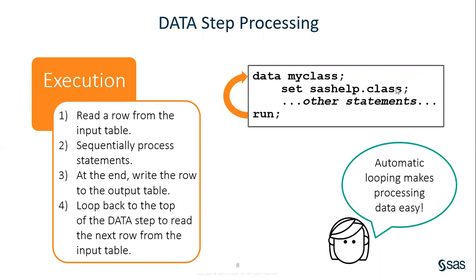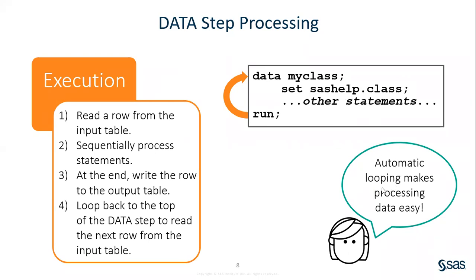So for every row from your input data, this data step will be processed sequentially from top to bottom at least once. So run indicates that the current row processed from input data has to be written to your output data set, and also indicates that it should go back and process your data step for the next rows coming up from your input data set.